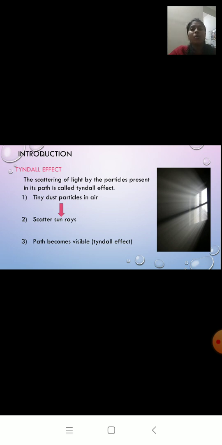They will take a wider area, and as they take a wider area, the path taken by the light ray becomes visible. And this effect is called the Tyndall effect. Clear? Now this Tyndall effect we will use while studying the properties of solution, suspension and colloid.